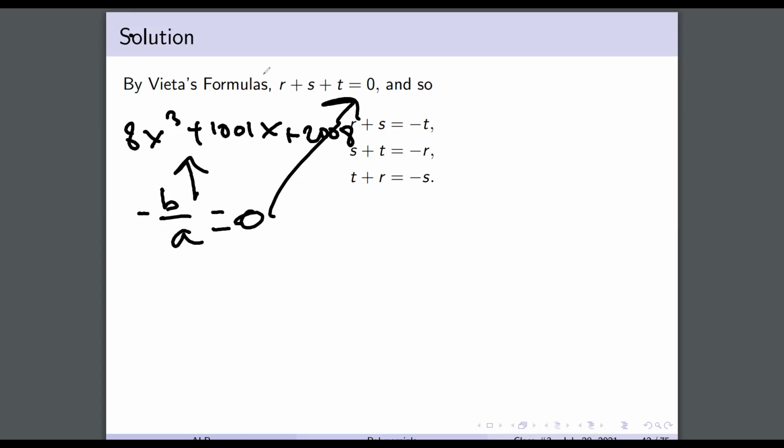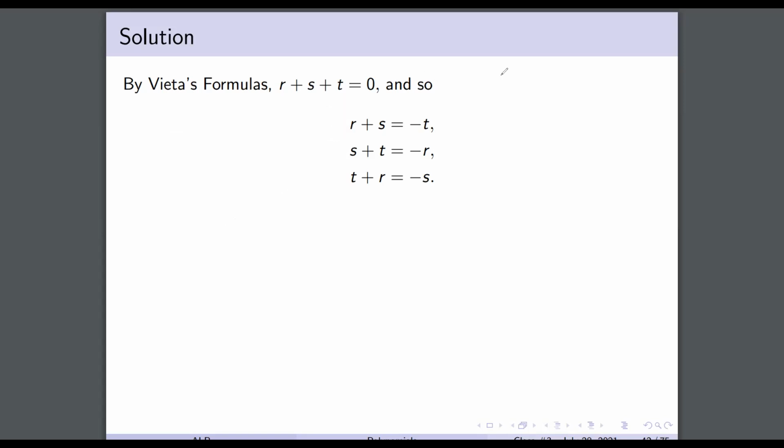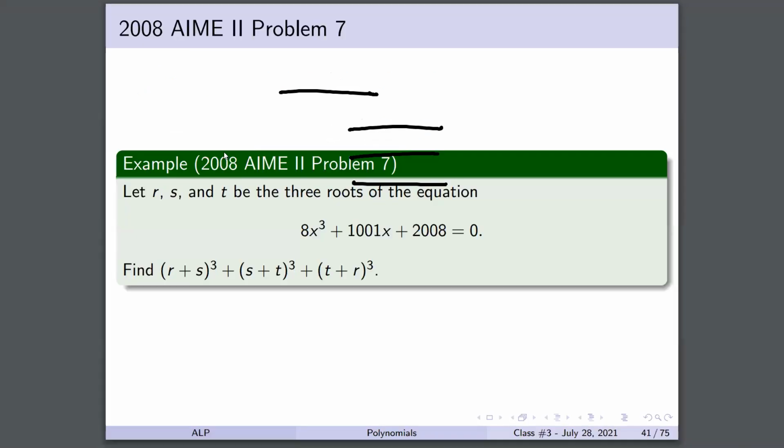Now, we can manipulate this. Since we now know why this equals 0, if we subtract t from both sides, we get this, this, this. These are all true because we're subtracting t, r, and s from both sides. And then we go back and realize, wow, it's literally what we want to find in here.